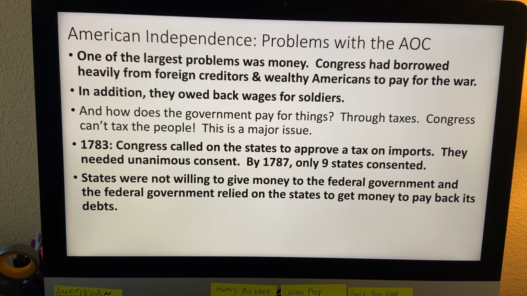When I borrowed money to go to college from the federal government, the federal government expects me to pay that money back, right? That is something that happens when you're an adult. Welcome to life. And in addition, they owed wages to the soldiers who fought in the American Revolution.